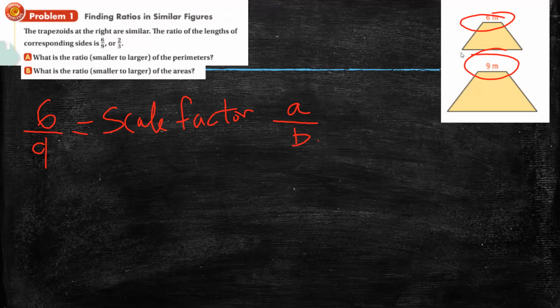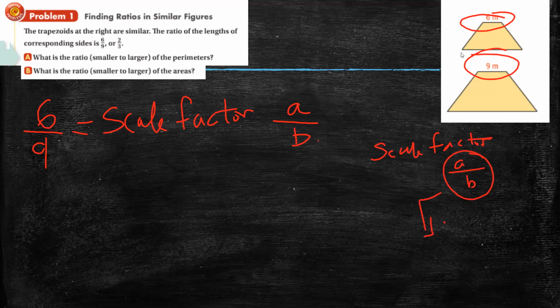Now, what is the ratio, smaller to larger, of the perimeters? I told you that if you have the scale factor A over B, the perimeter ratio will be A over B, and the area ratio will be A squared over B squared, since the area is squared.